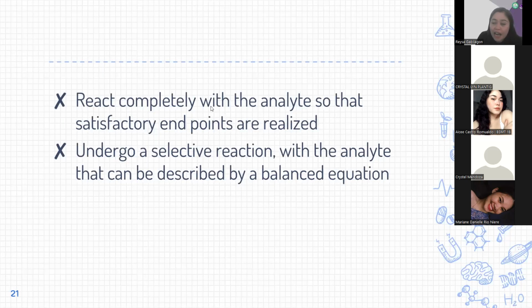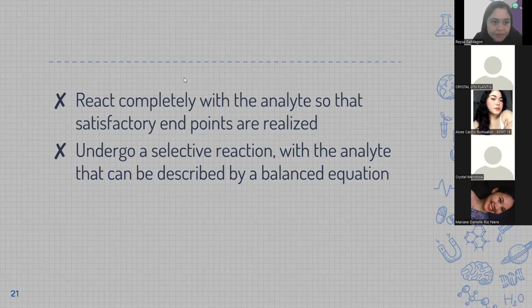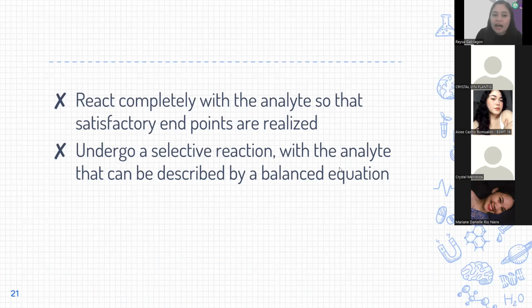Okay? And then, kailangan meron tayong satisfactory endpoint. So, pag sinabing pink, makukuha mo talaga yung pink na endpoint after the titration process. Okay? And then, undergo a selective reaction with the analyte that can be described by a balanced equation. So, kapag gumawa tayo ng chemical equation for its reaction with the analyte, makukuha natin agad. Okay? So, yun yung mga requirements for our secondary standards.